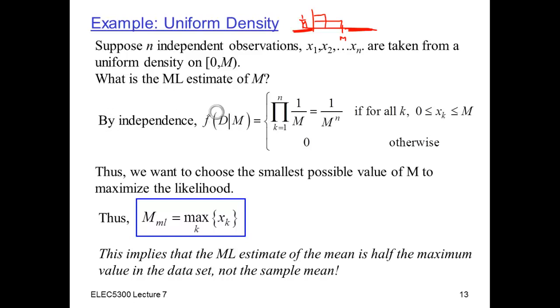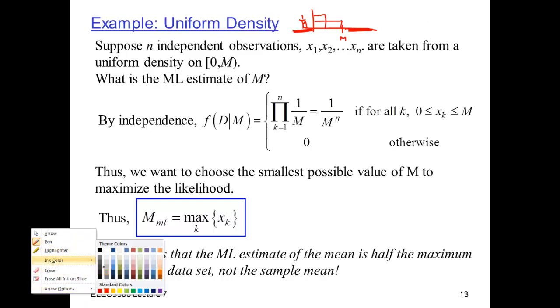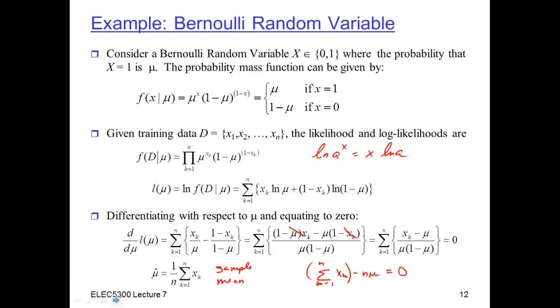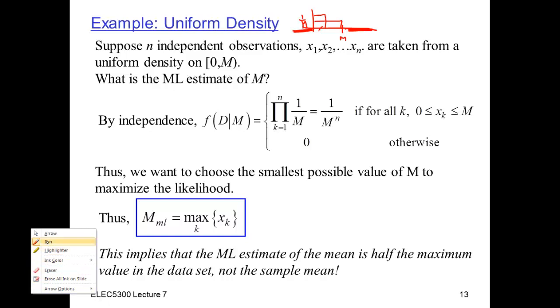Again, we take the product of all the individual probabilities, but here, as long as the data is inside this region, suppose we had some data points inside here. I'm just going to draw in some data points here.